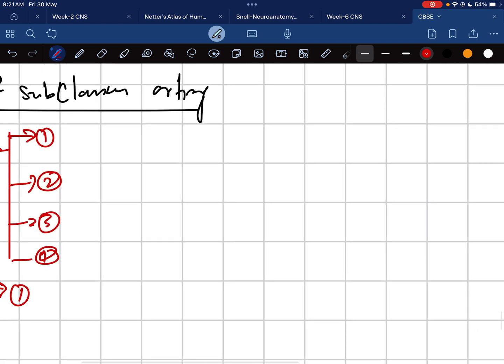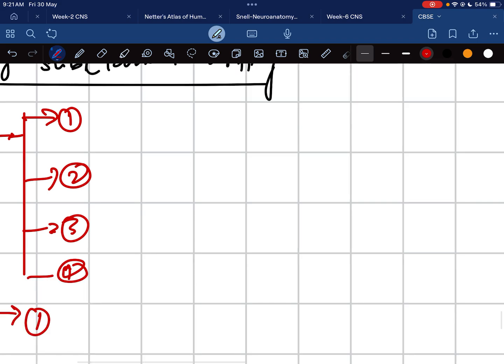So we are going to start with the first part. In the first part, there is the vertebral artery, which originates from the first part of this subclavian artery.